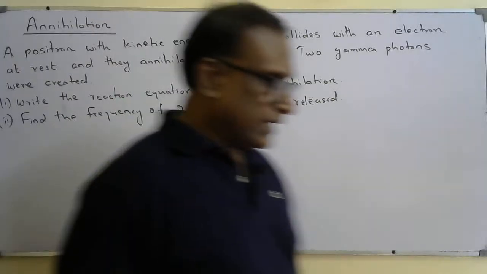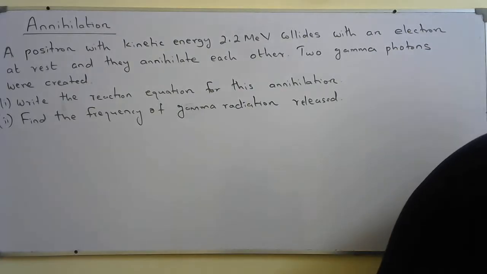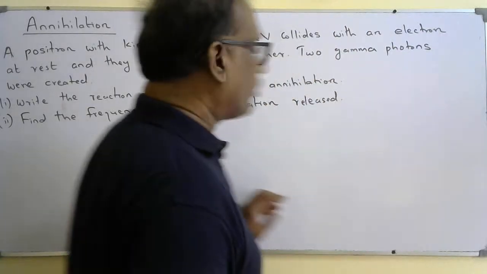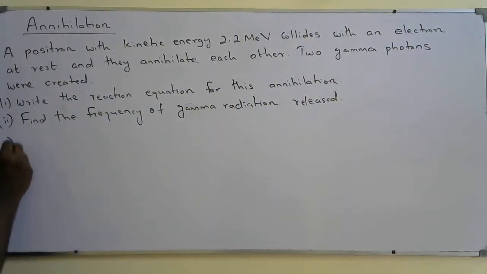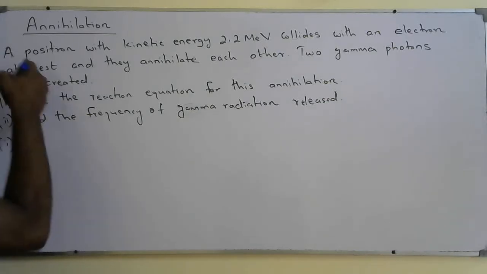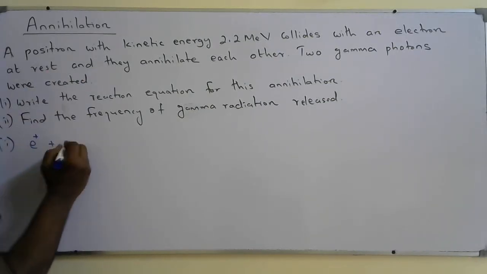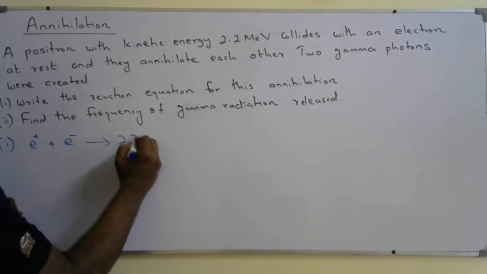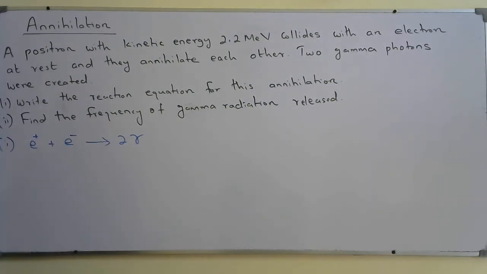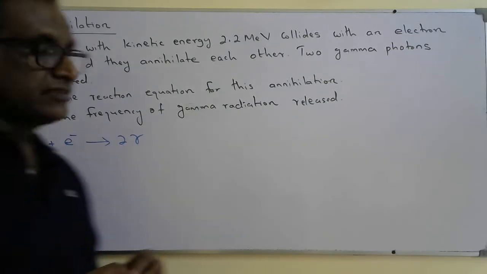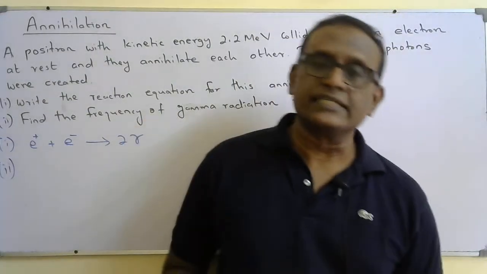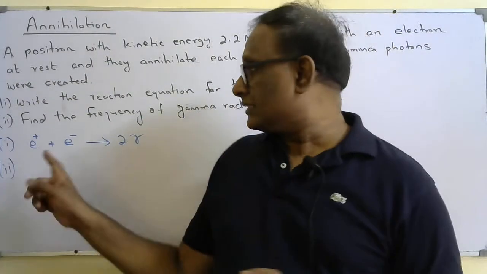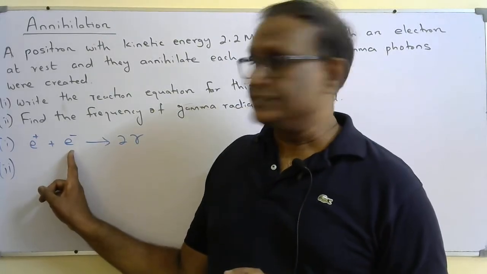For the first part, write the reaction equation. You know the notation: e positive, the positron, is interacting with the electron e negative, and that creates two gamma photons. That's enough; that's the reaction equation. For the second part, I need to find the frequency of the gamma radiation released. Total mass energy is conserved. The electron is at rest, so its kinetic energy is zero.